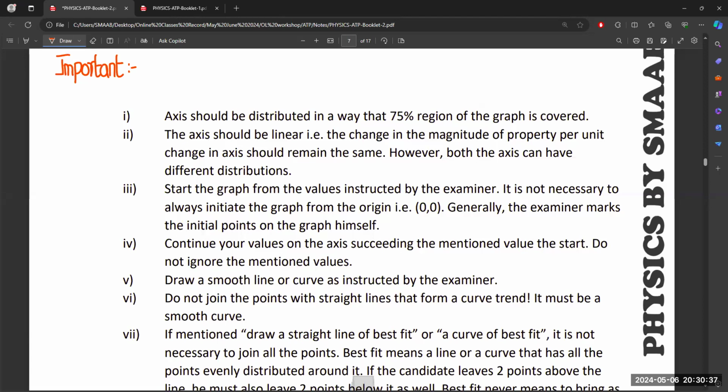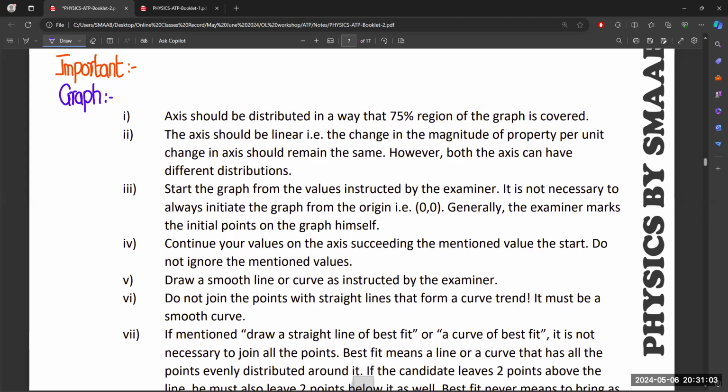Because all this information is related to the graph. When values are given, you definitely have to plot the graph by yourself, because there is also the topic of speed-time and distance-time graphs. And in Hooke's law, there is also a graphical representation of a spring. So we already studied different types of graphs in our theory also.